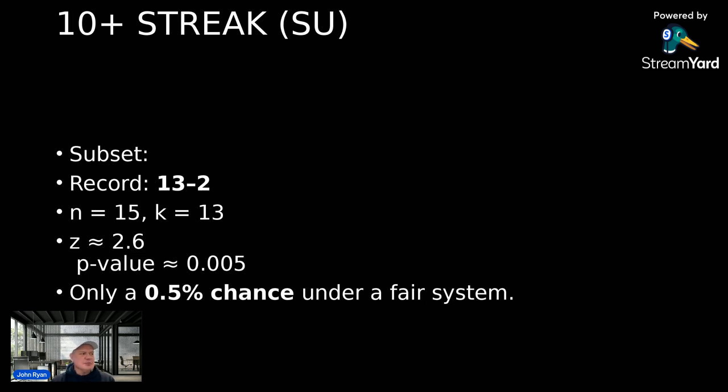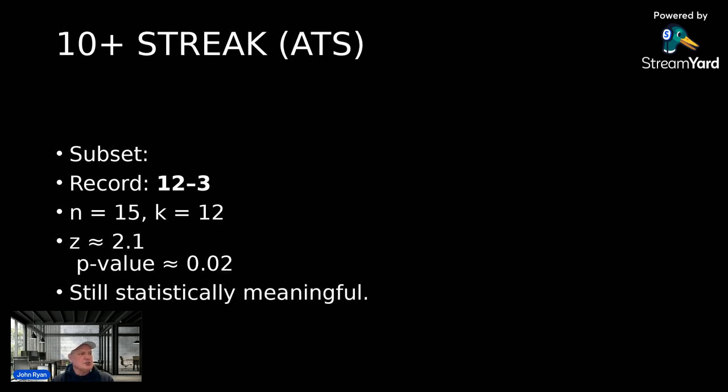Anything under 0.02, and some people even use 0.05, is considered not random, that there is something to this and meaningful between the parameters we've chosen to make this algorithm. So a 0.005 p-value simply means that there is only a 0.5% chance of this being random under a fair system evaluation.